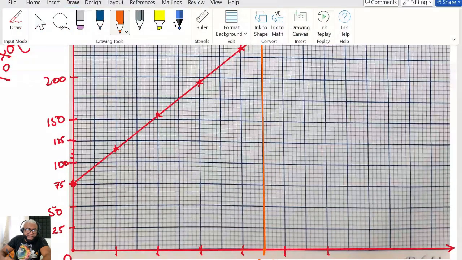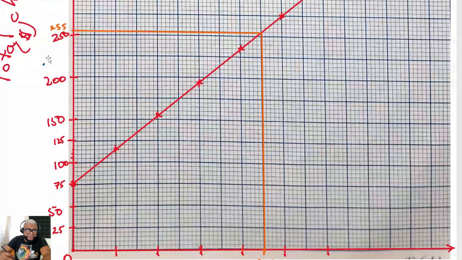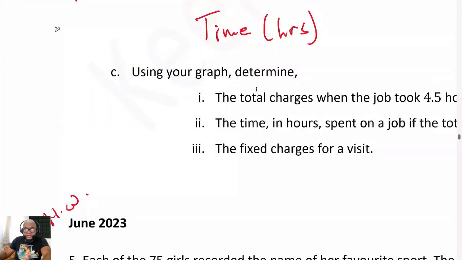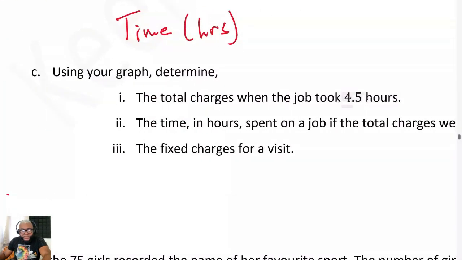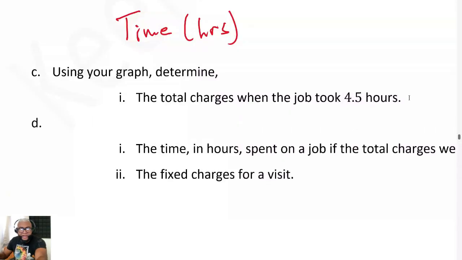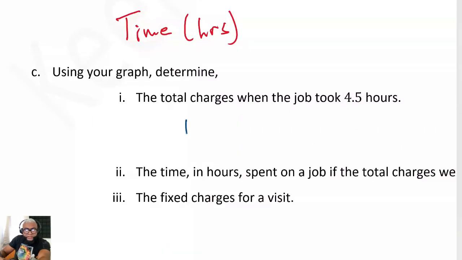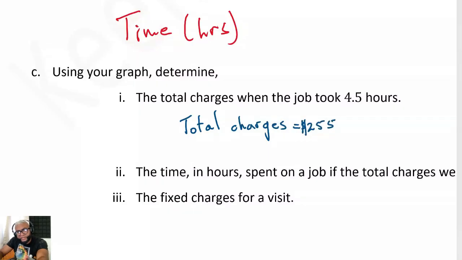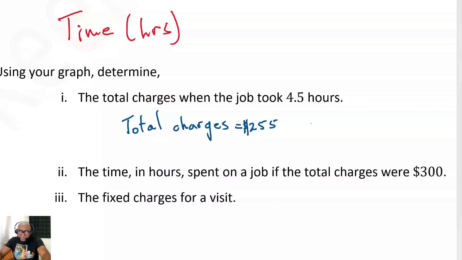So it is there in orange. Let me write it in. So total charges would be equal to 255, right? It's dollars. So the next question: the time in hours spent on a job if the total charges was 300.